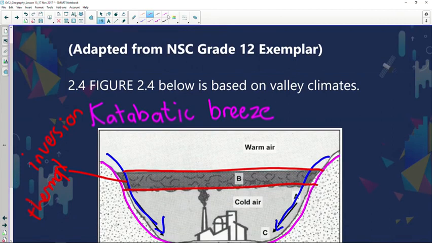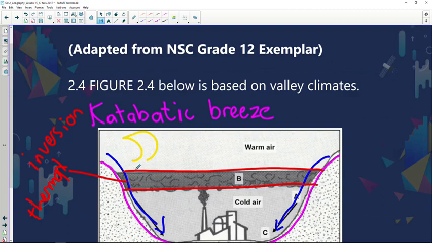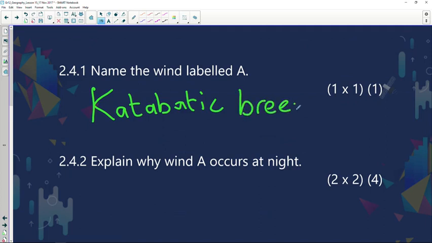Very importantly as well, I'm just going to draw a little moon over here because it happens during night time. So what's the type of breeze that we experience over there? Katabatic breeze. Explain why this wind occurs at night, and the reason for that is because the upper slopes cool down.